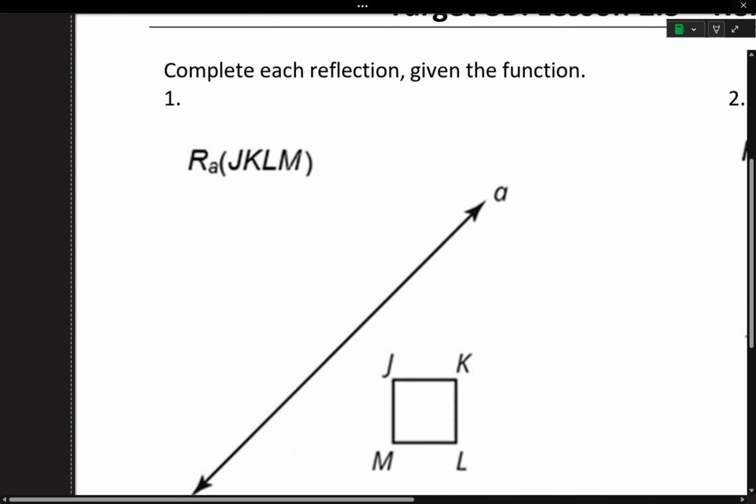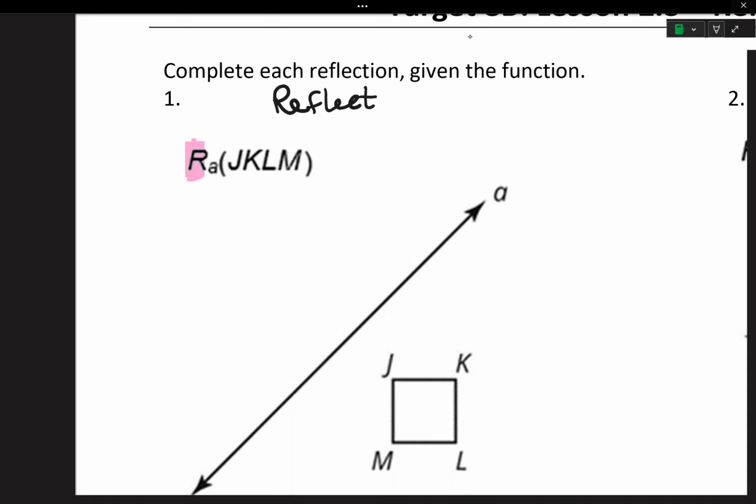First, let's translate this math into English, just like we did when we learned about translations. R here stands for the word reflect. What are we reflecting? We are reflecting JKLM.